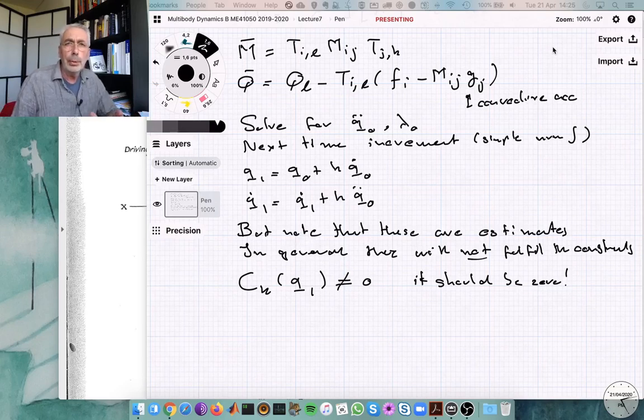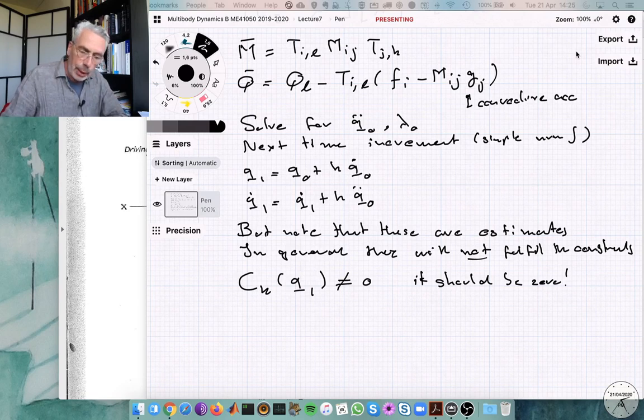We will slowly build up errors by not fulfilling the constraints on these estimated values, and then we will slowly drift off, as you have seen in this double pendulum falling down. So we have to find a way to get these coordinates back on the constraint surface.